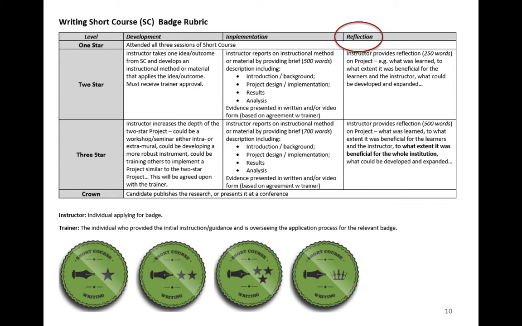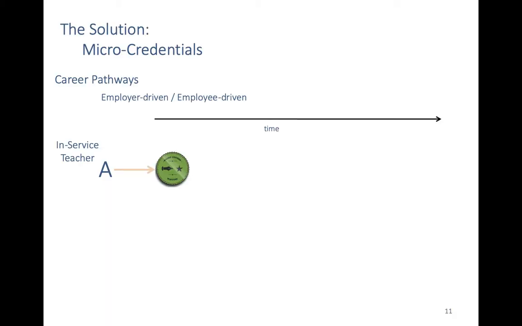So one of our trainers from our teacher development unit will work with the instructor on designing the actual micro-credential. They'll work on it together, and based on how deep that individual instructor wants to go, they can earn up to 3 stars, or they can earn a crown. But reflection is critical across all of those levels.